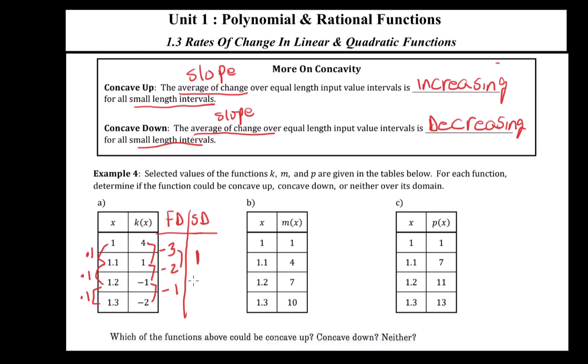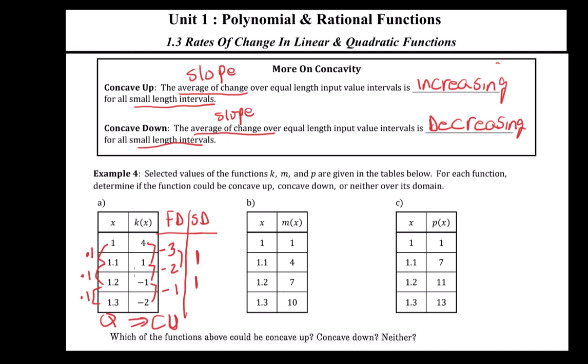Negative 1 minus negative 2 is positive 1. You can see that the second difference is the same, which is positive 1. This is a quadratic function, and because it's positive, we have concave up. It's a quadratic, but it's concave up because the second difference is positive.